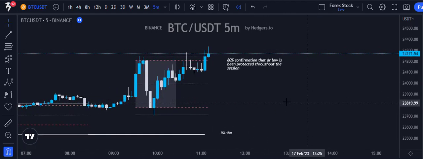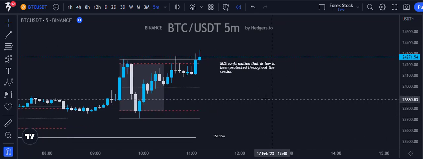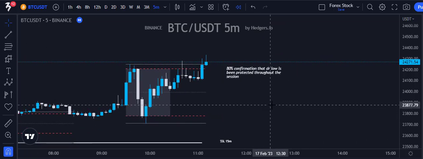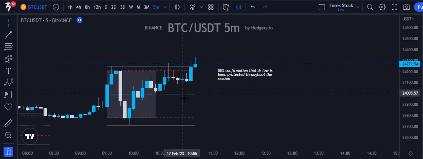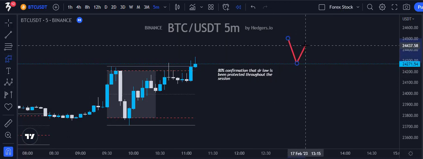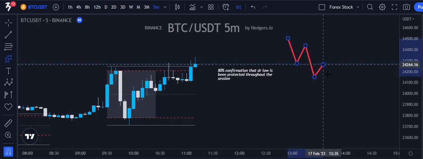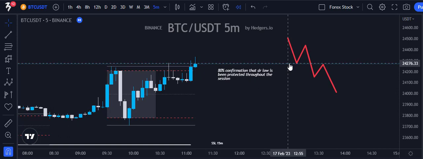That's how you know that the bias is uptrend, and for further continuation to the upside, you are using this strategy. If price is downside trending, making the lower lows, lower highs like this, then you can anticipate that the trend is to the downside.